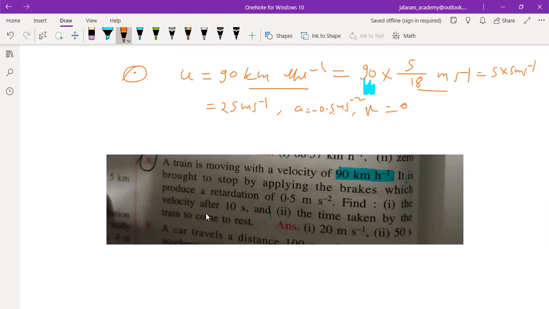Okay. Find the velocity after 10 seconds. So we have to find the velocity after 10 seconds when initial velocity is given, a is given, t is given. So we can use the first equation of motion. I am writing directly, you have to solve it with full presentation.